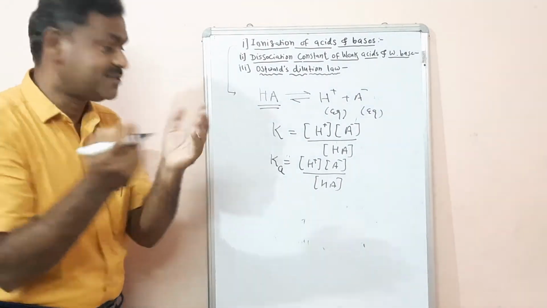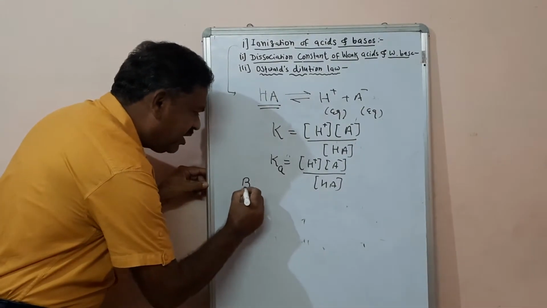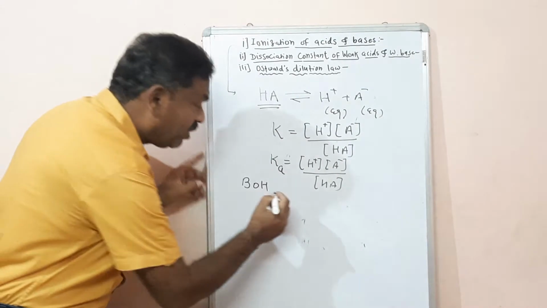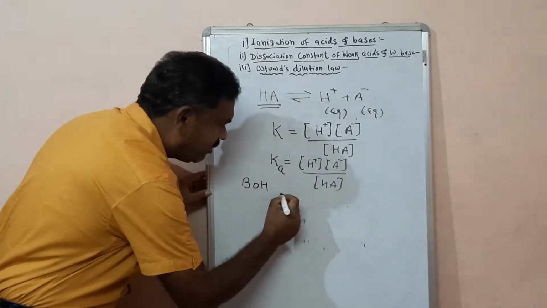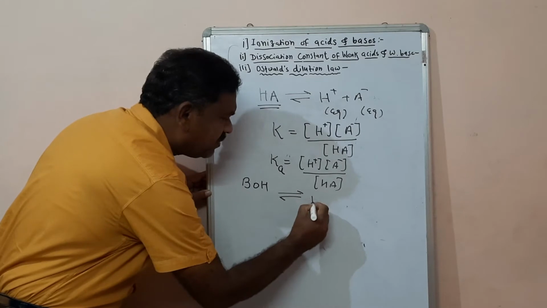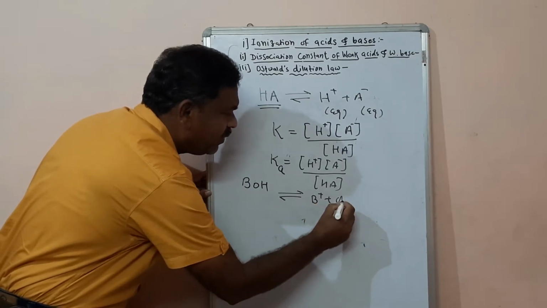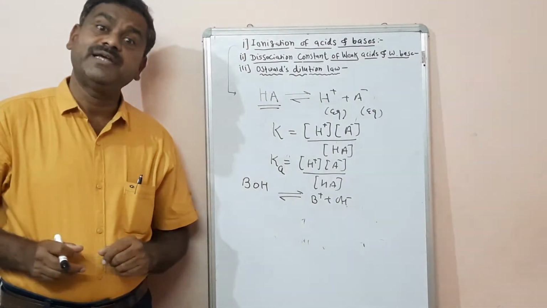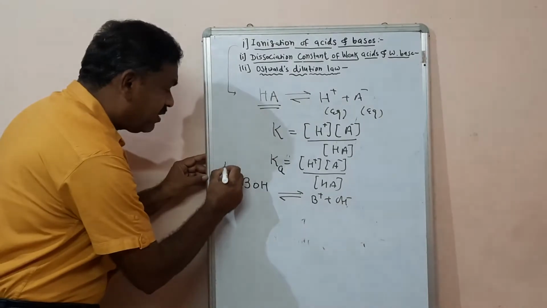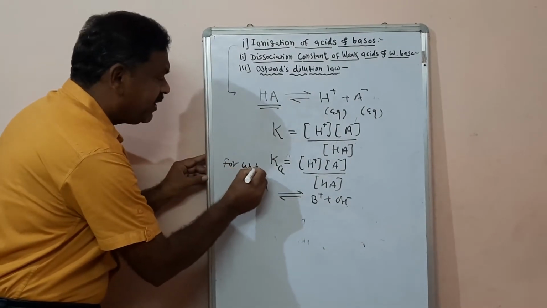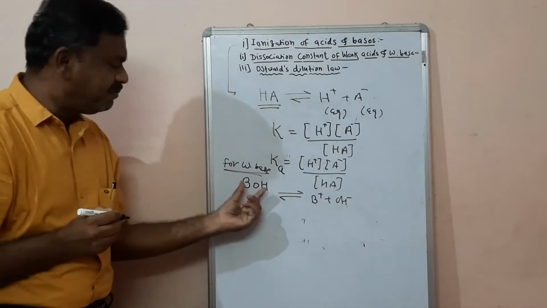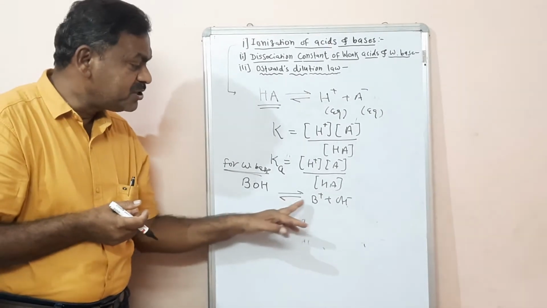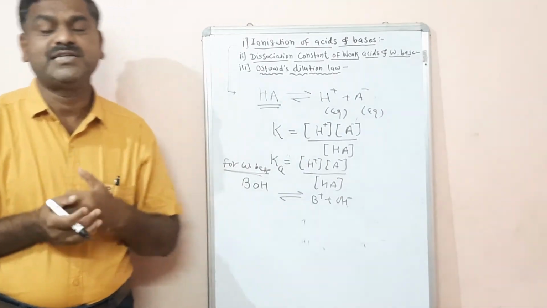Here BOH is a weak base which, dissolved in water, produces B plus and OH minus ions. This is for the weak base.